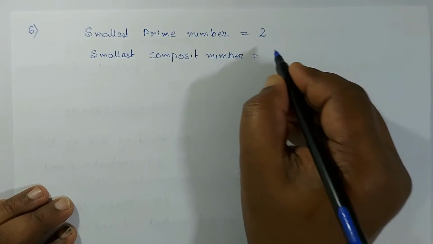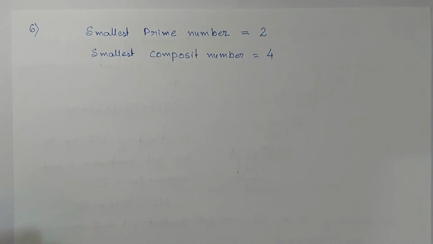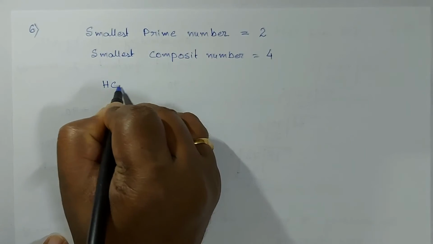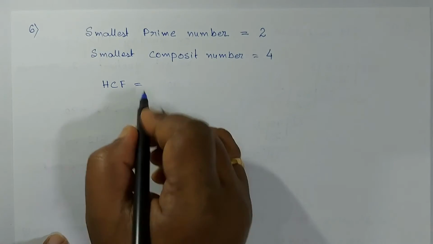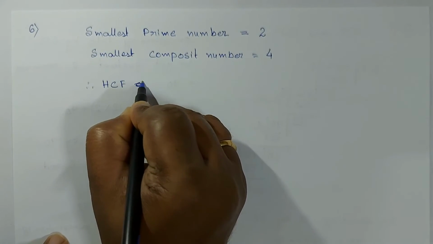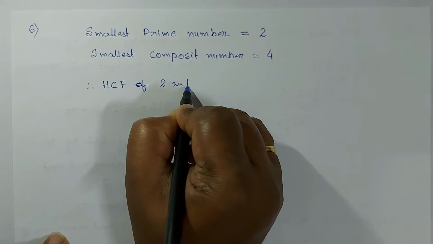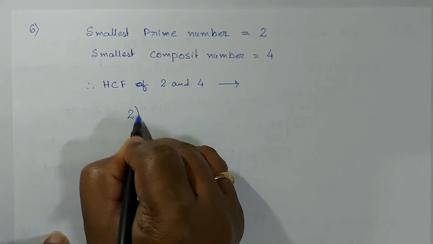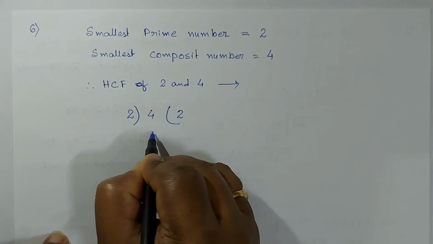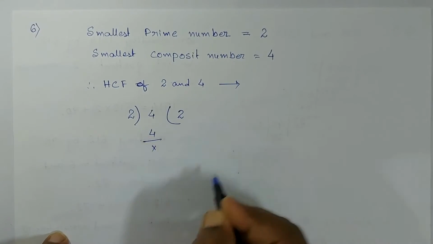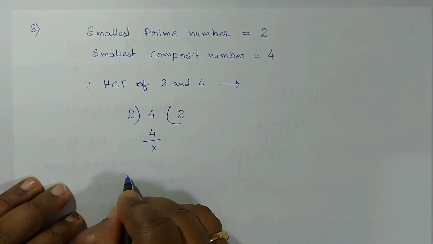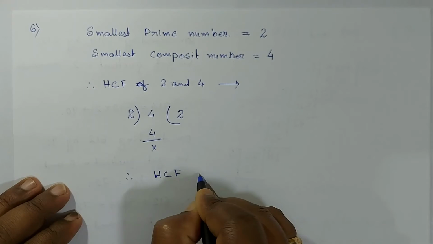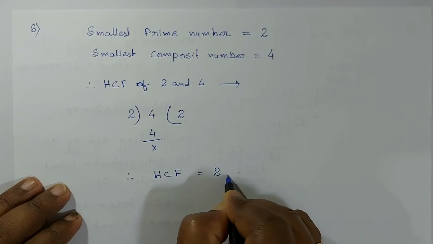Which one is the smallest composite number? The smallest composite number is 4, isn't it? Now we need to determine the HCF of 2 and 4. So the HCF is 2.